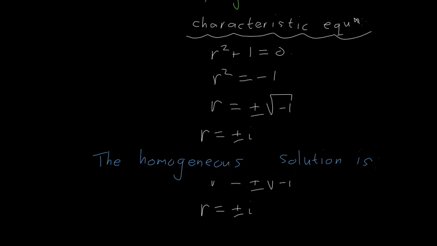We have to put it like this: y sub h, y being the solution, h being the subscript for homogeneous, is equal to C1 cosine x plus C2 sine x. That's what we have here. So we got the homogeneous part down.